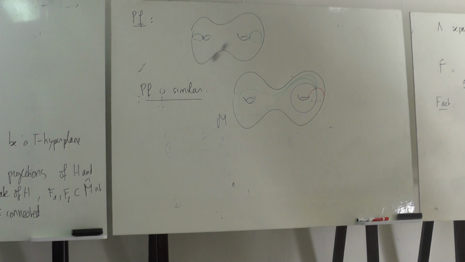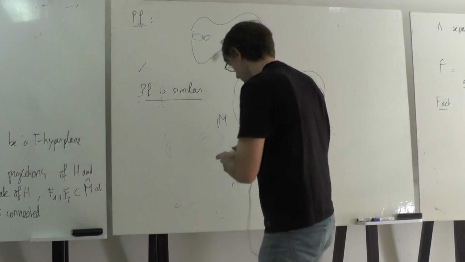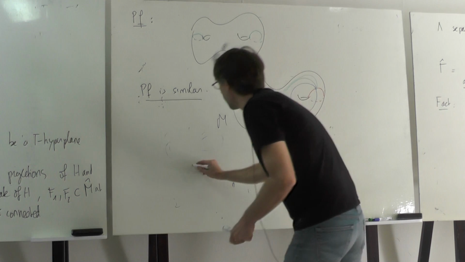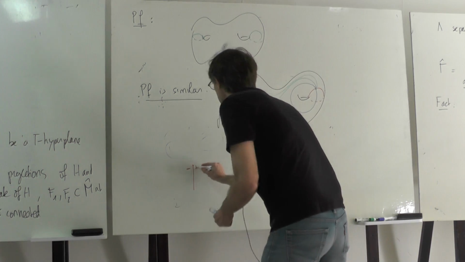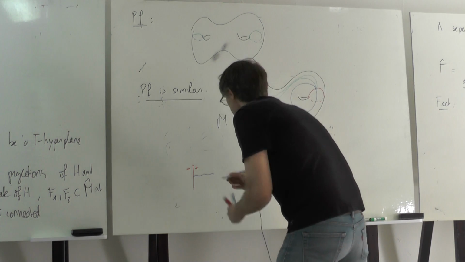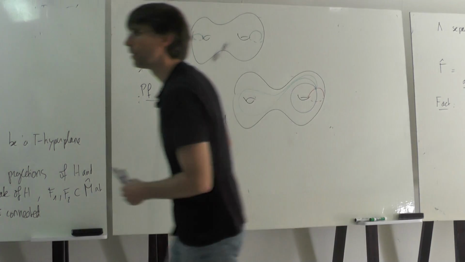You take lifts. So let me draw the picture, the symbolic picture. You take lifts, and so let's say it's minus plus locally, and you take the blue one.